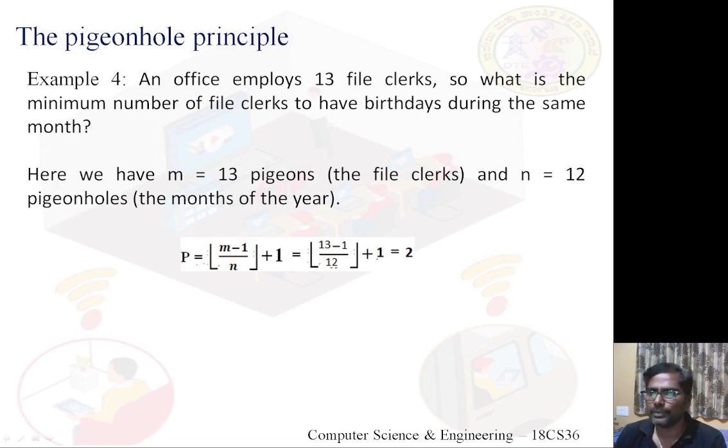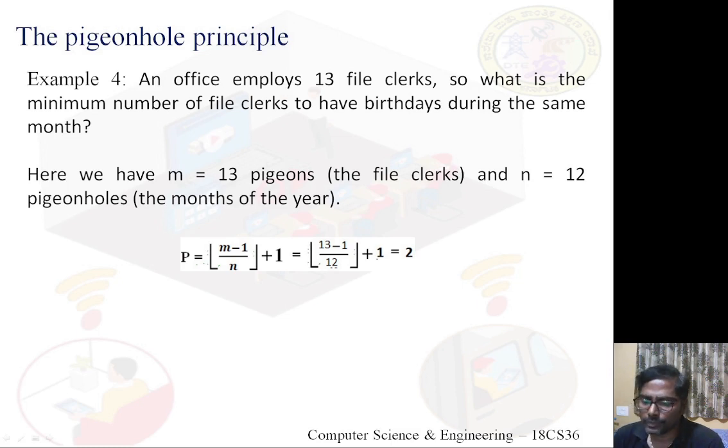If I assume the first 12 employees were born in unique months, then the 13th employee should have been born in a month in which one of the 12 employees was already born.